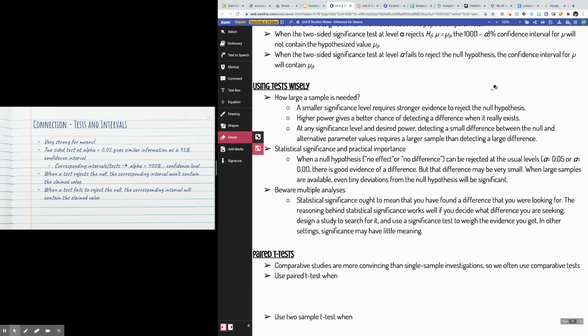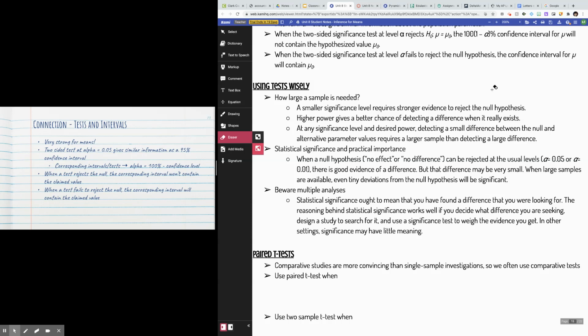So if we have a null hypothesis that we can reject at typical levels, which are the standard alpha levels that I have you select, 0.05, some people choose 0.01, the common ones, then if we can reject at a pretty standard level, that's pretty good evidence towards a difference. But that difference might be very small.